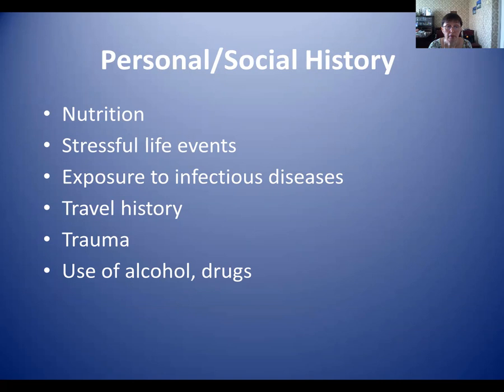These specific features of nutrition, some stressful life events, exposure to infectious diseases, travel history, trauma, and use of alcohol and drugs are very important to find out risk factors of the diseases of the urinary system.